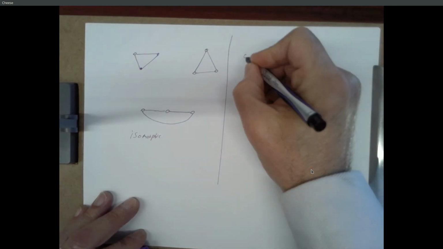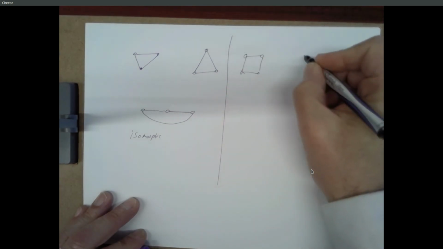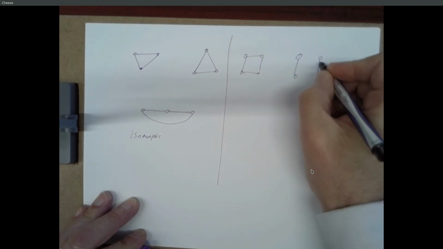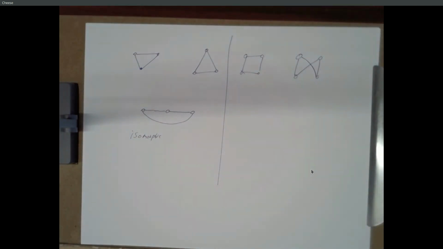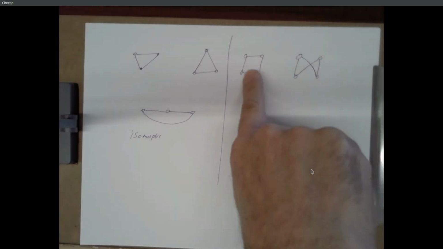So here's a graph. And here's a totally different looking graph. But do you think these are isomorphic? Yeah. If I were to take these two and just flip them over, this would look exactly like that.